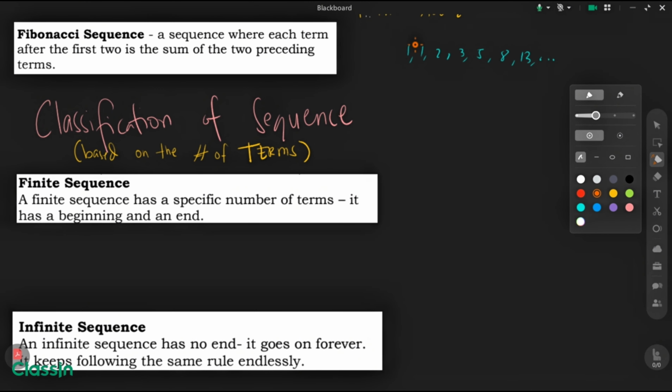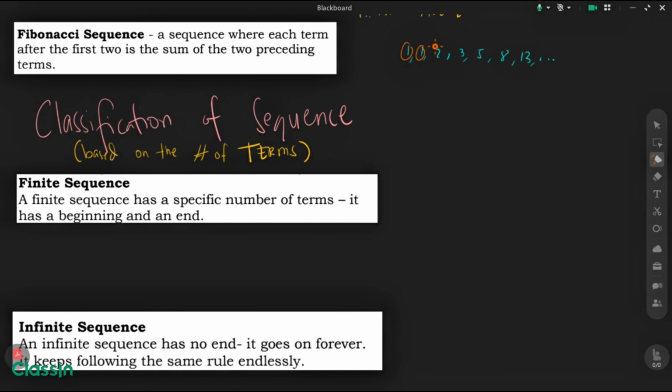For us to get the third term, we add 1 plus 1 and we get 2. 1 plus 2, we will get 3. 2 plus 3, we will get 5. 3 plus 5, we will get 8. And 5 plus 8, we will get 13. So we need to add the two preceding terms in order to get each term.